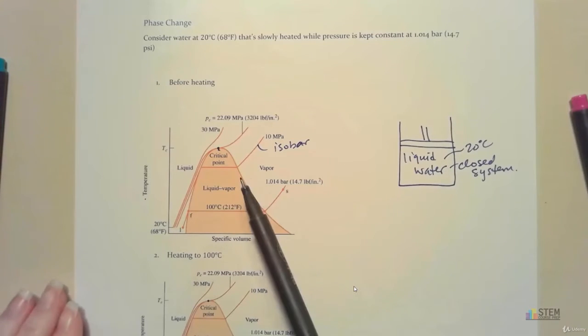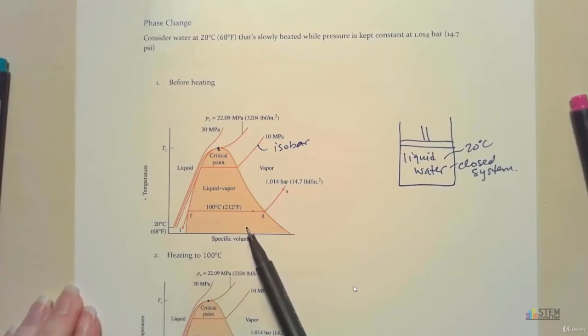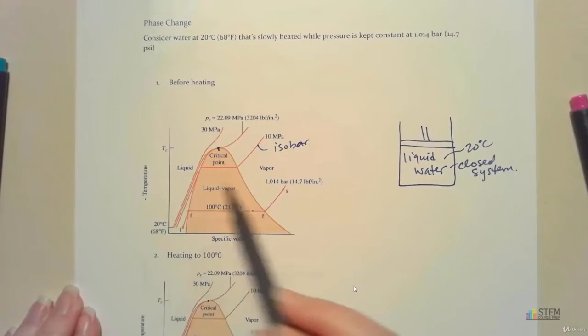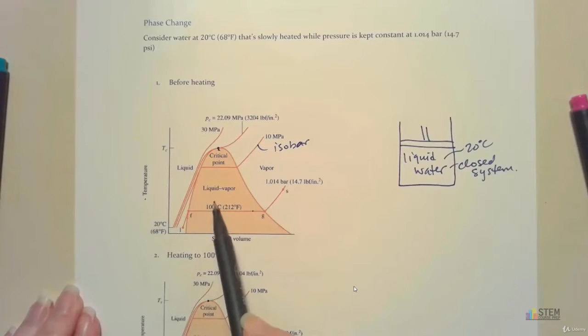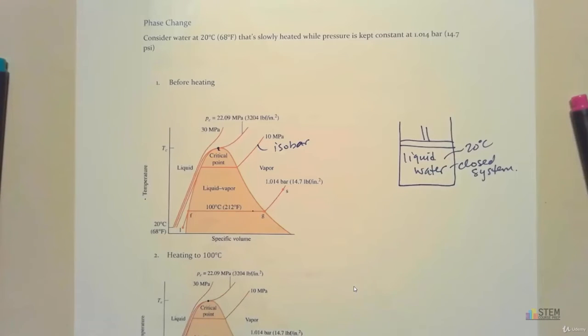Now, this also shows you what phases we've got. We've got liquid, we've got vapor, and in this dome we've got liquid-vapor. So this is a two-phase mixture right here, the liquid-vapor mixture. That's going to be important to keep track of.